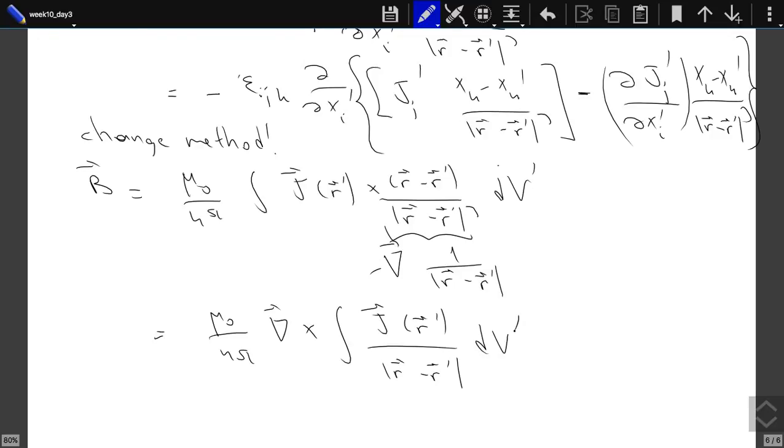Well, you see, I have a minus sign over here and I don't have a minus sign over here. That's mainly because I'm changing the order of the del operator with the j vector in their cross product. So that brings an additional minus sign, and this minus sign over here just disappears.